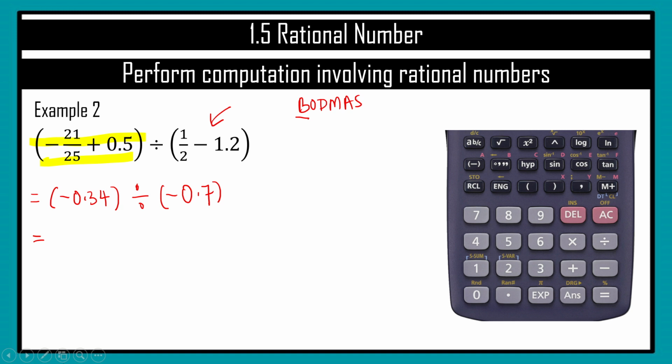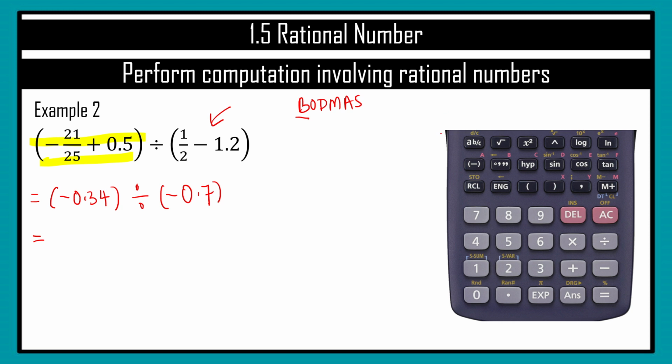So we continue as usual. Negative 0.34 divide with negative 0.7. Negative divide with negative, we still remember it should give positive, so there is no need for you to write a positive in front, and you'll be getting a very long number. Remember this is rational numbers, so we're going to write the final answer in fraction.